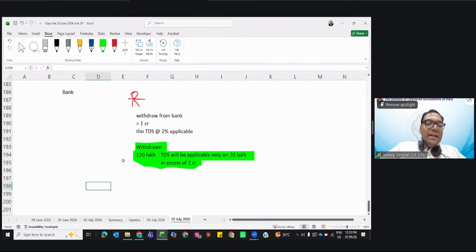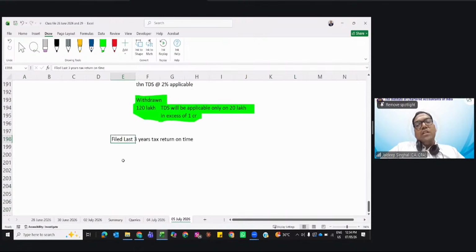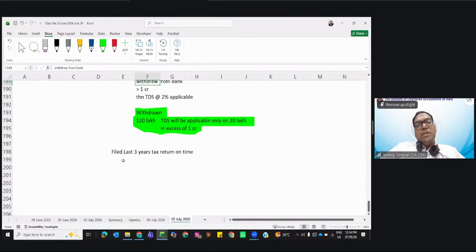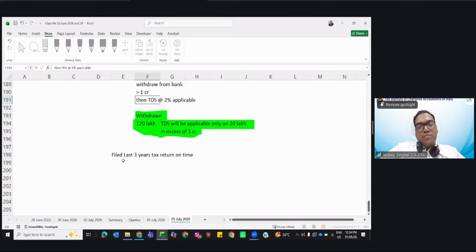Now you should have filed the last 3 years tax returns on time. It is last 3 years, not 2. You should have filed within the due date, the original due date. Then the above is applicable.